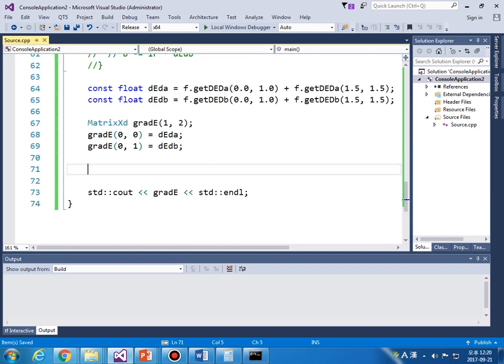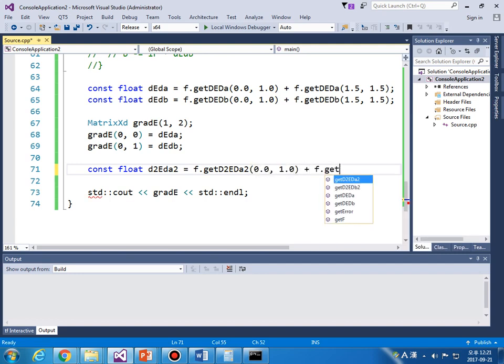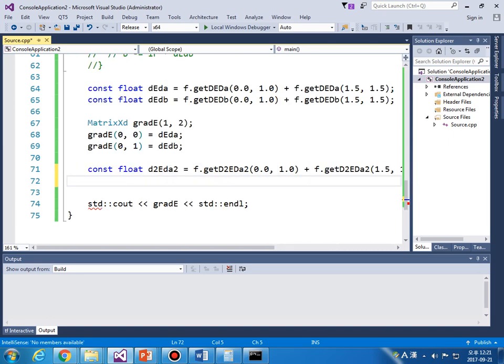Okay. So const float the 2EDA2 is f get. Right, const float the 2EDB2.